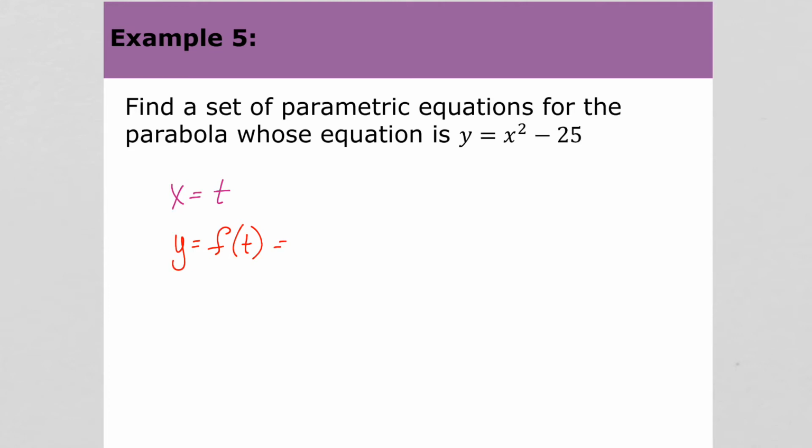So we're just plugging in t for x. t squared minus 25. So our parametric equations are x equals t and y equals t squared minus 25. That might sound really easy to you. It is that easy. I'm glad.